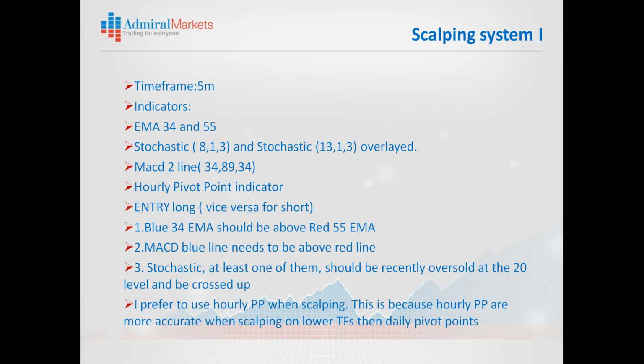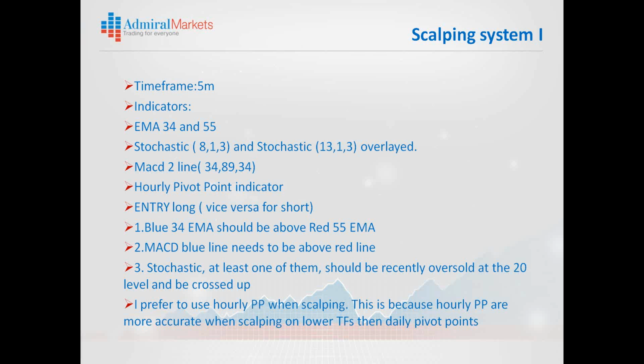Those are important EMA numbers, and also those serve as exponential MACD. So just use this MACD 2-line indicator. Hourly pivot point indicator, I already told you this one I cannot provide you with, but you can find it under the IBFX. You can buy it, or you can Google it if you know where.